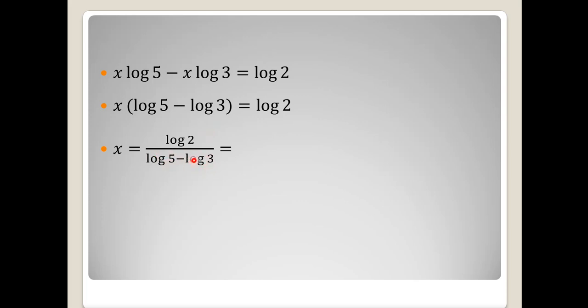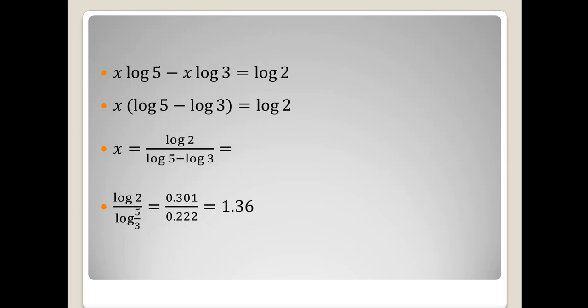Now this log 5 minus log 3, based on rule number 2 of the logarithms, we can write as log 2 divided by log 5 by 3, because log 5 by 3 is log 5 minus log 3. Now, if you use your calculator for log 2 and log 5 by 3, you will get this answer, that is 1.36.